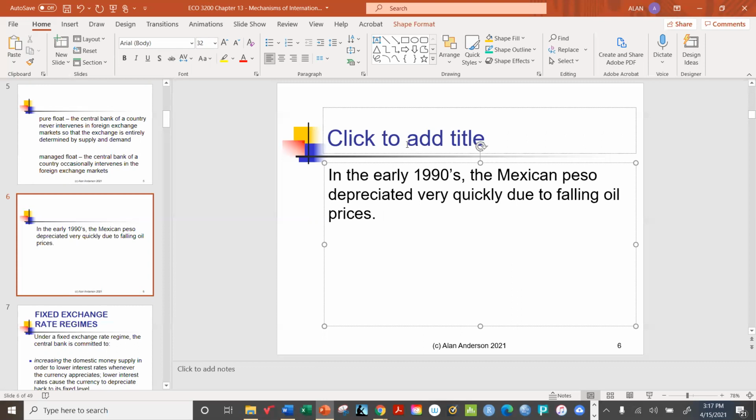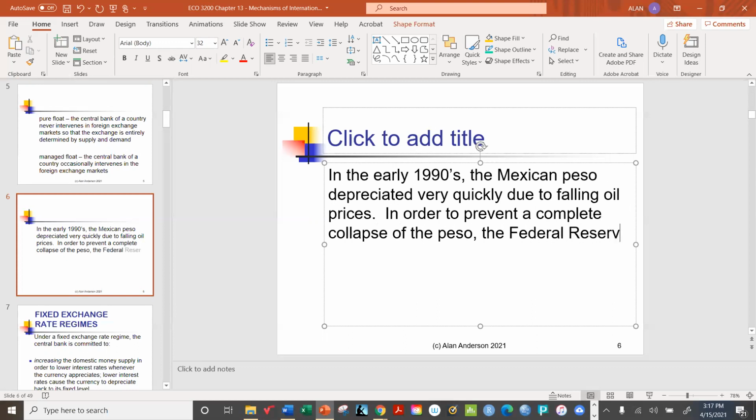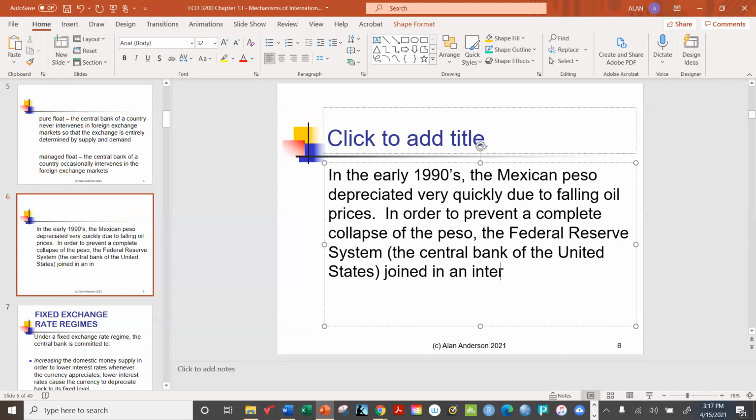So in order to prevent a complete collapse of the peso, the Fed, or the Federal Reserve System, Central Bank of the United States, joined in an intervention with the Bank of Mexico to prop up the value of the peso.